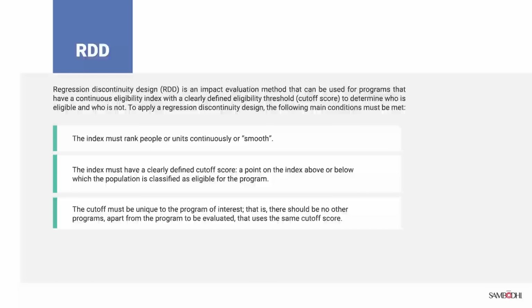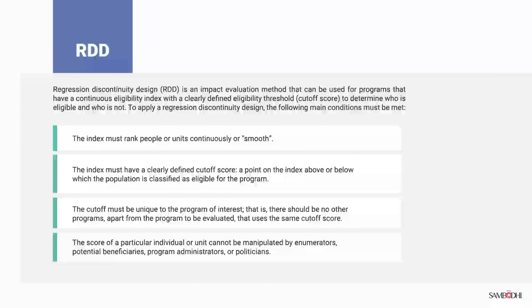The cutoff must be unique to the program of interest, that is, there should be no other programs apart from the program to be evaluated that use the same cutoff score. The score of a particular individual or unit cannot be manipulated by enumerators, potential beneficiaries, program administrators, or politicians.